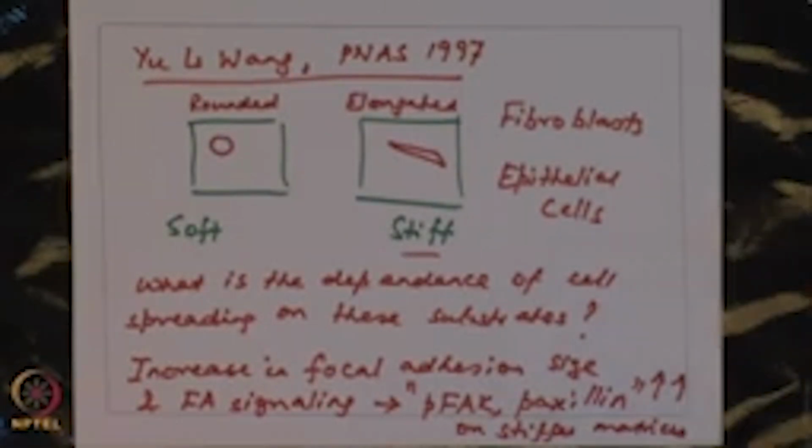Okay. So, subsequently there have been a lot of studies, but the question automatically arose what would happen to other cell types if they were placed in such environments. And spreading is of the order of 5-6 hours. What would happen to longer time events? Okay. A subsequent study worked on muscle cell differentiation.